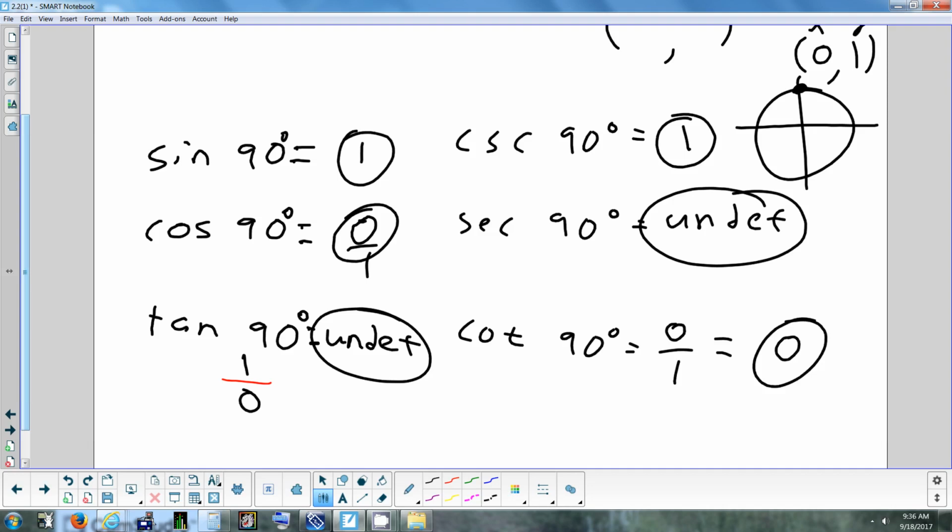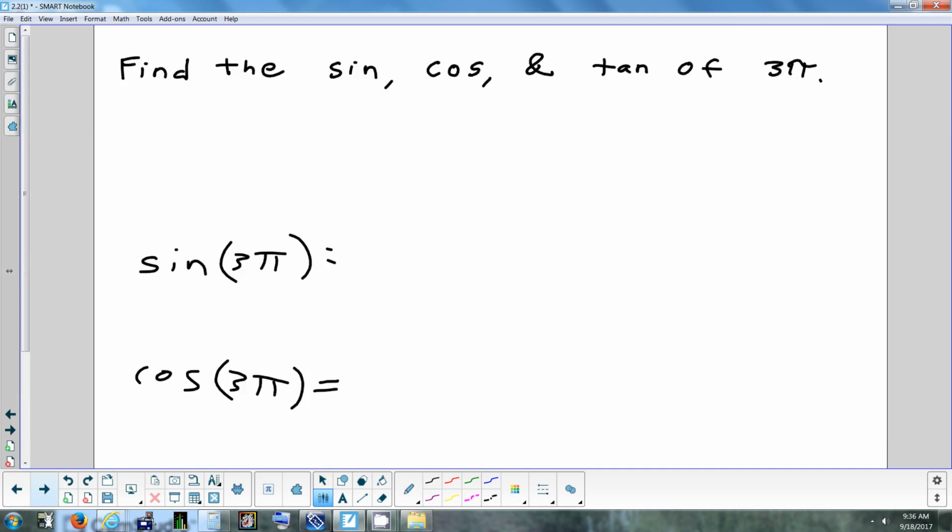When you flip 0, you get undefined. Okay, any questions on that one? Okay, so a little bit different because you had to figure out the coordinate first. Okay, so this one, again, it's just asking for 3 of the trig functions. And it's a little bit different again.